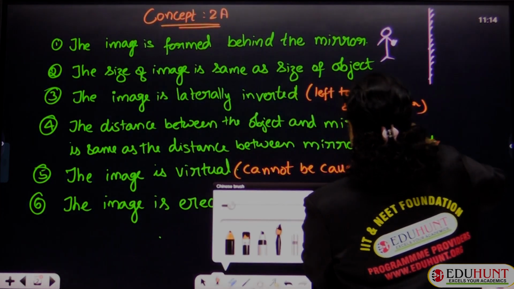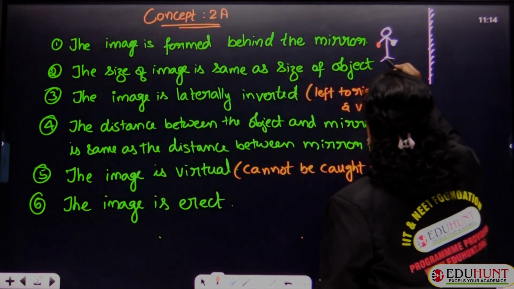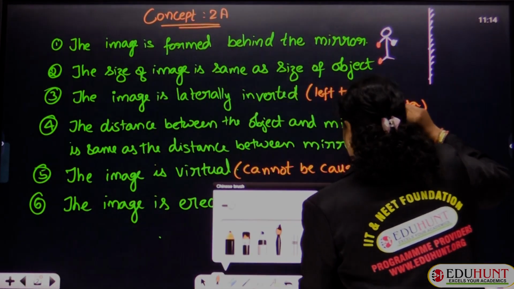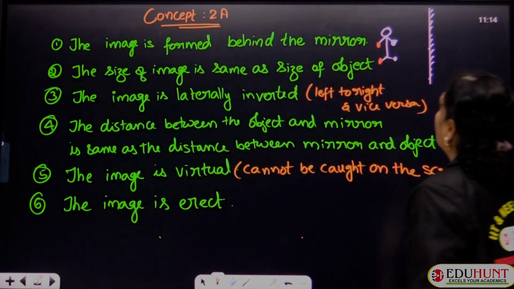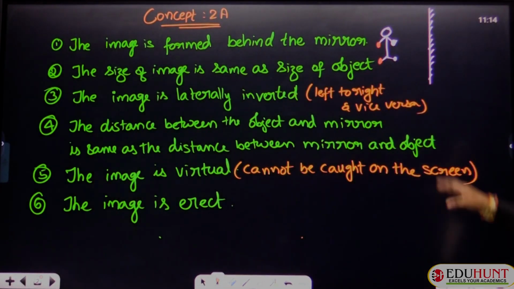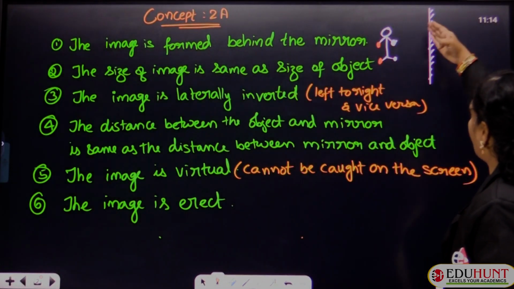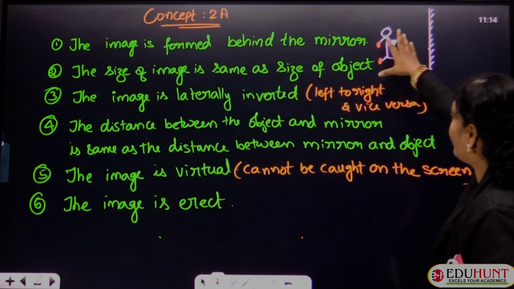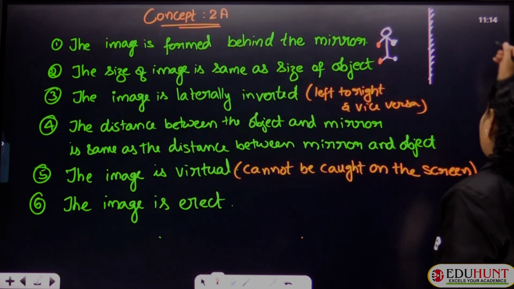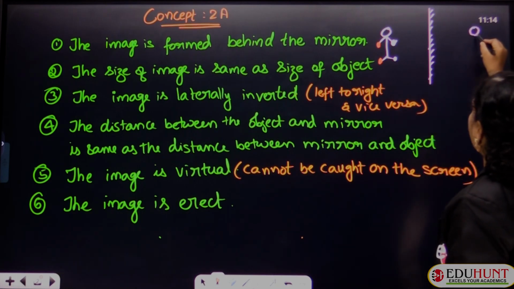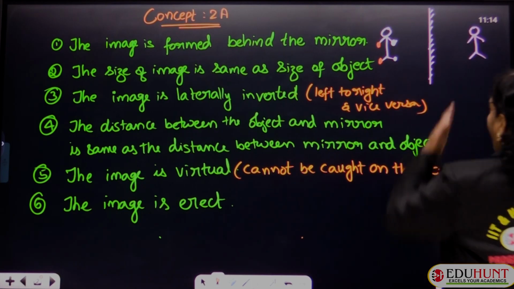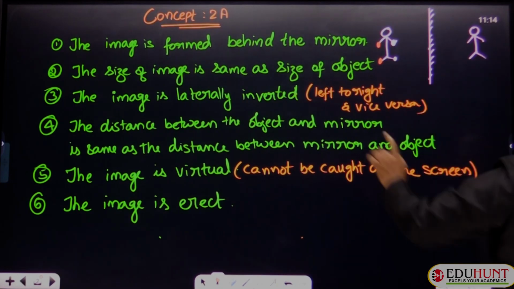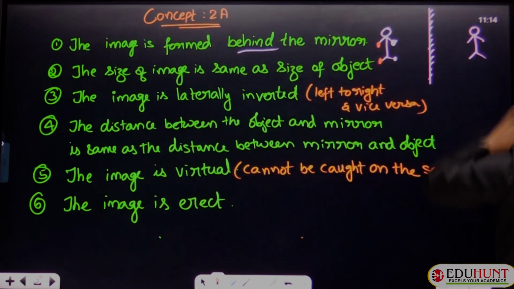For your clarity, something like this. If you observe this image, then the image is formed not in front of him. It is formed inside the mirror, behind the mirror, on the other side of the mirror.